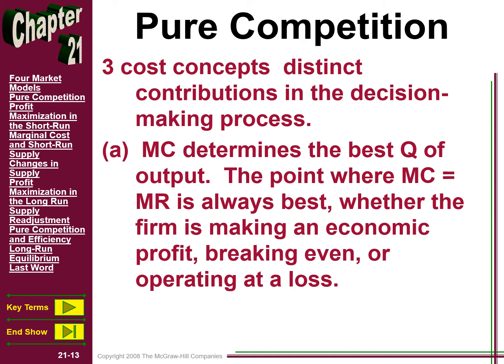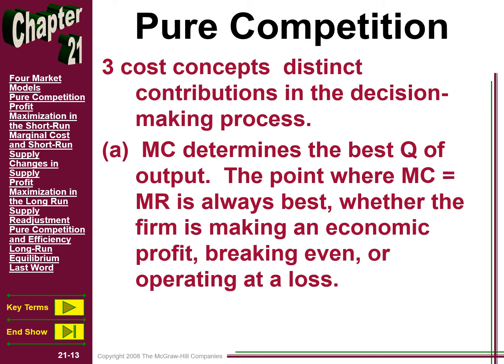Marginal cost, okay, that's the cost incurred by the firm by producing that next unit of output. So the relationship between marginal revenue and marginal cost is extremely important because it helps the firm determine what we're going to call Q star, the profit maximizing or loss minimizing level of output.